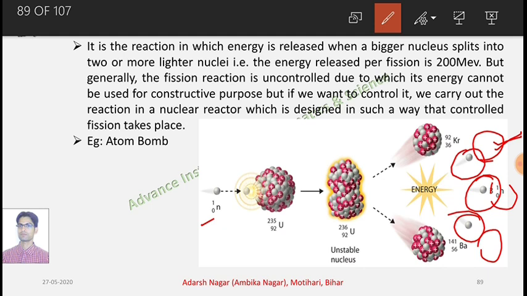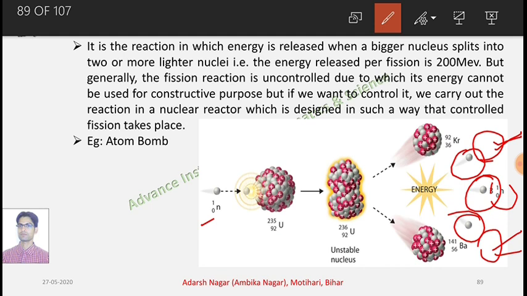Again we get 3 more extra neutrons from each, which means 9 extra neutrons.